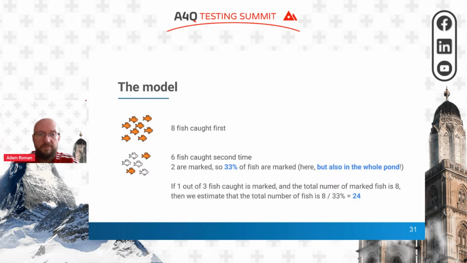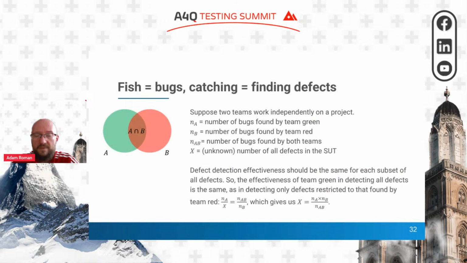So for the whole pond, we also assume that 1/3 of fish is marked. So if we marked 8 fish and they constitute 1/3 of the total number of fish, then there must be 24 fish in the pond, right? That's a very simple analysis.